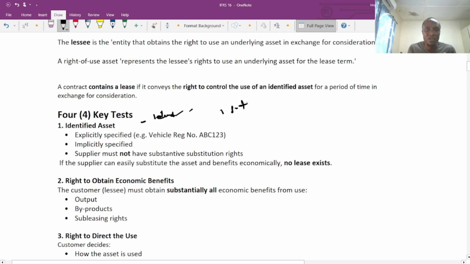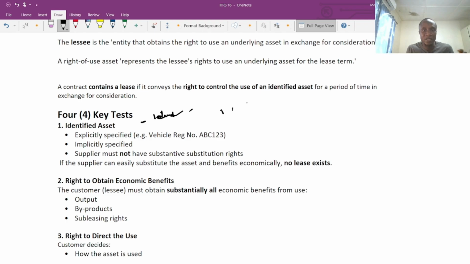Now, if the item that is given to the lessee is not a Toyota Hilux, or let's assume it is a Toyota Hilux, but the registration number is not ABC123, then automatically that asset is not qualified to be classified as a lease because it is against the lease agreement.